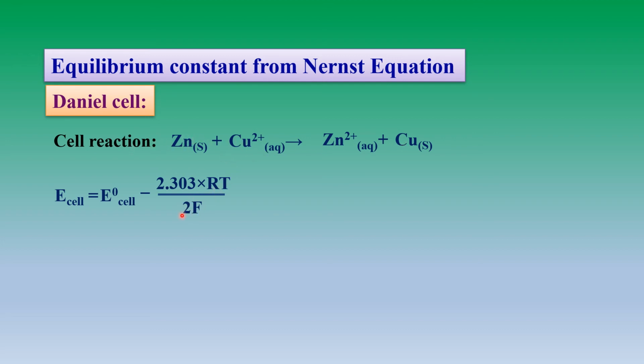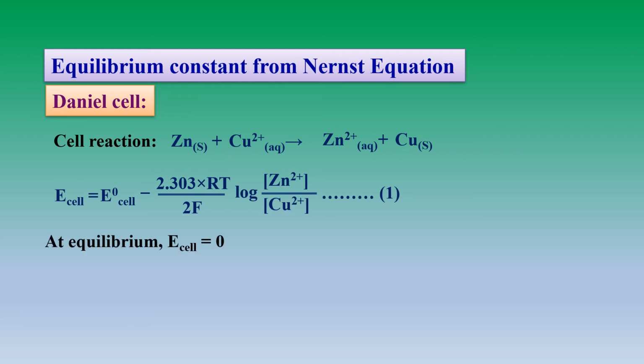The product side should be written in the numerator and the reactant side ion in the denominator. This is equation number 1. At equilibrium the cell potential is 0, which means this value becomes 0 at equilibrium.